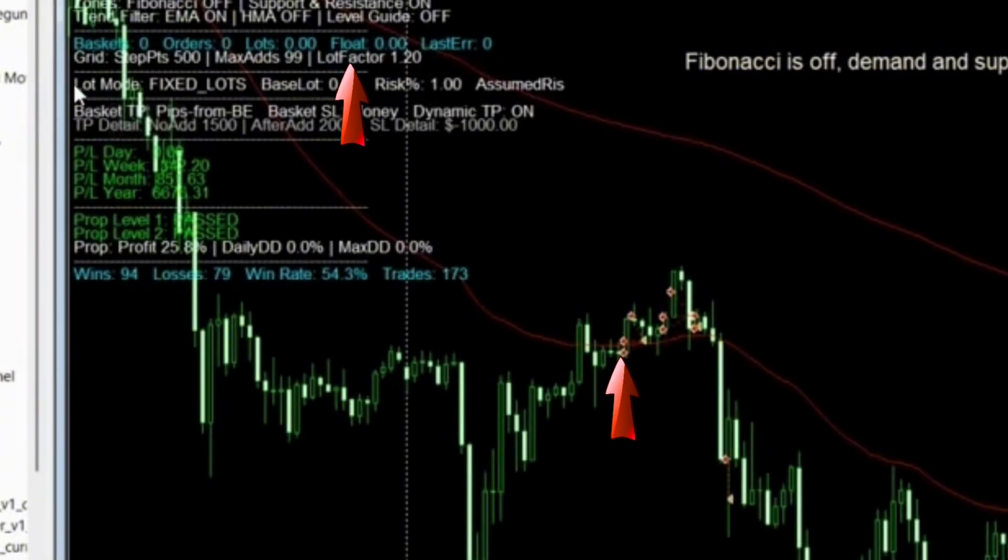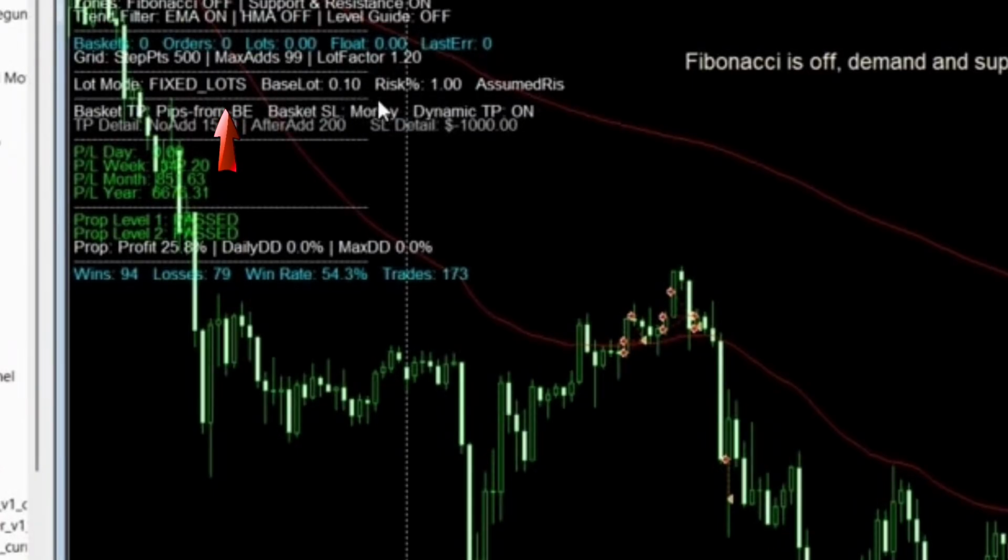Okay, so now this other information tells us about the lot mode. So you can set it to fixed lot, which means if you say use 0.1 lot, it will keep using 0.1 lot, and you can decide to say use risk percentage. So in this case, the EA will calculate where you want to put your stop loss, and then will determine where your TP and your stop loss will be, okay, depending on the risk percentage you want to take.